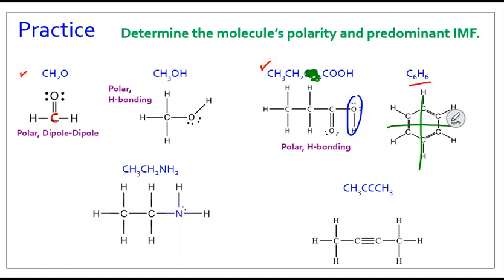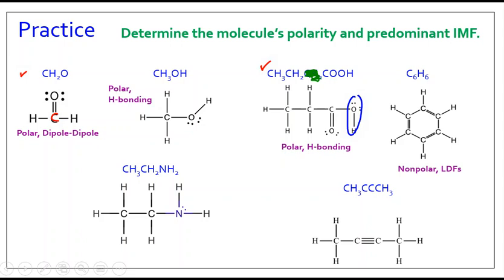Cut it here, cut it here, cut it here, cut it here. It's all symmetrical. Very good. So this one's non-polar. So what does that mean about its strongest IMF, its most predominant IMF? Or only IMF, I should say. Because non-polar only has the one. London dispersion forces, good.